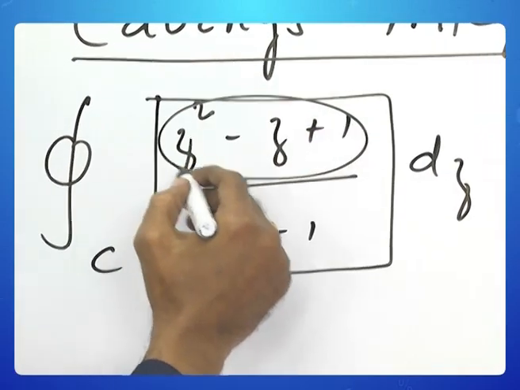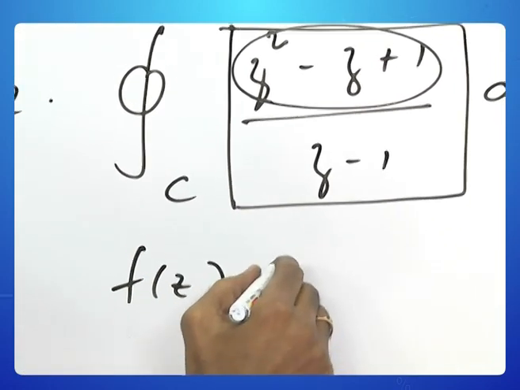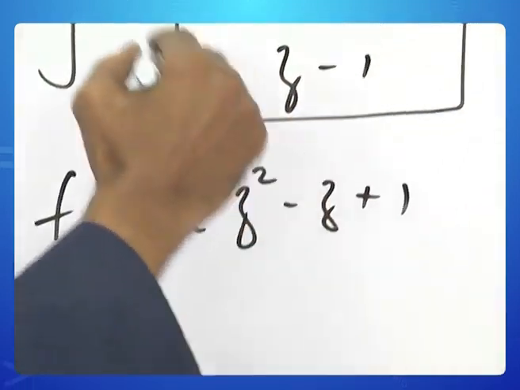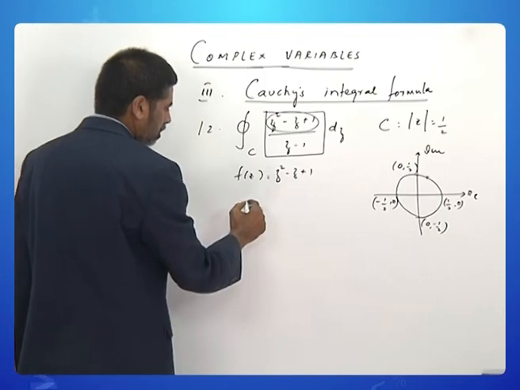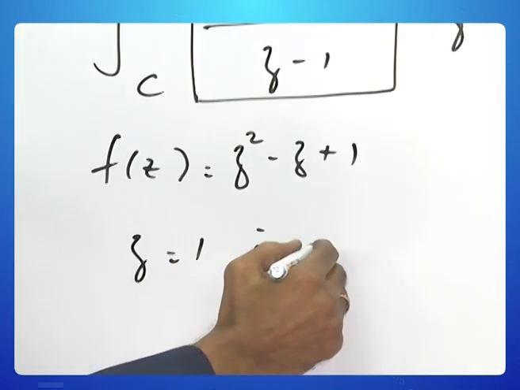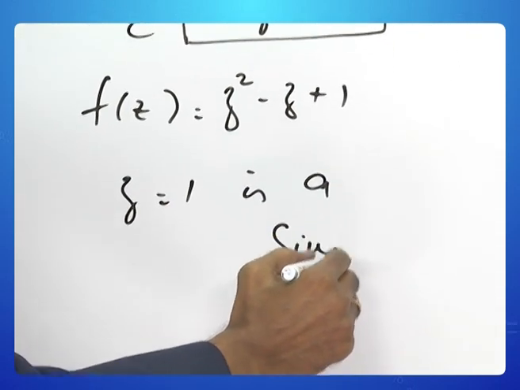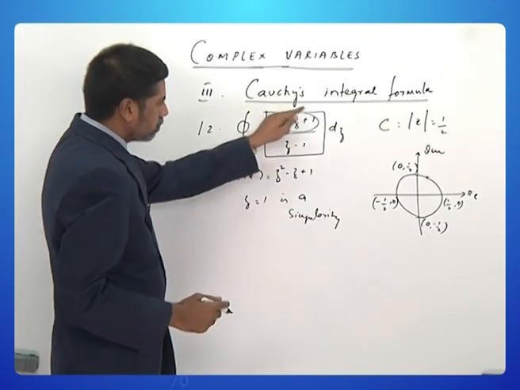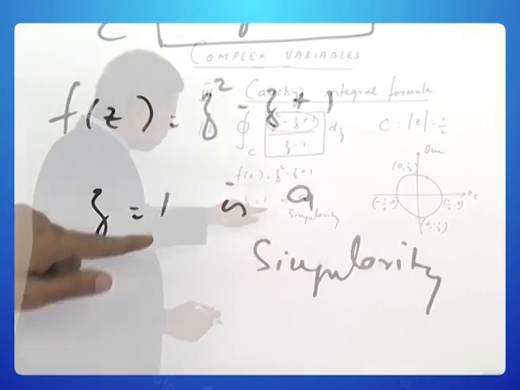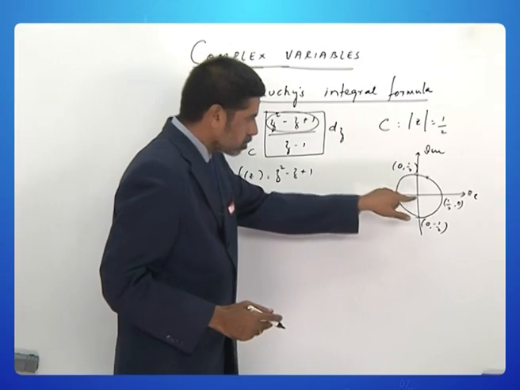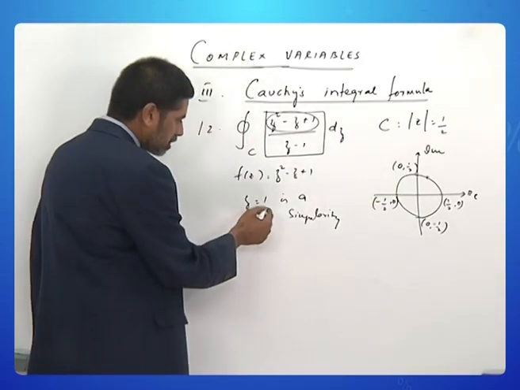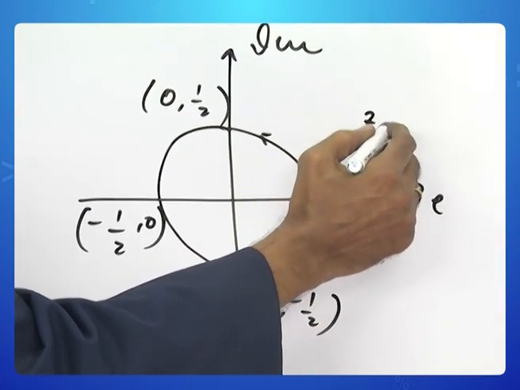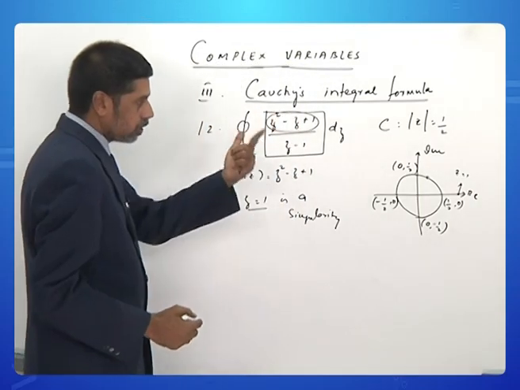The numerator is z squared minus z plus 1. Now, this whole function has z is equal to 1 as a singularity, because at z is equal to 1 this function is undefined. Now you check whether this singularity is within this contour or not. You can clearly see z is equal to 1 lies somewhere there, so it is outside the contour.